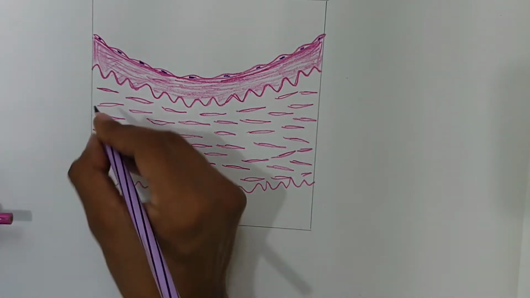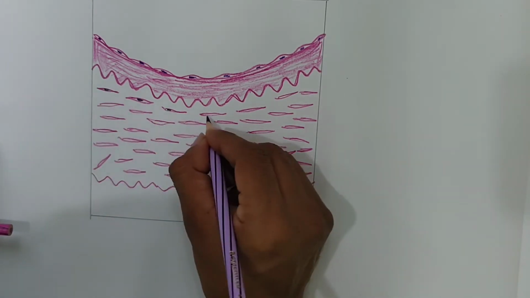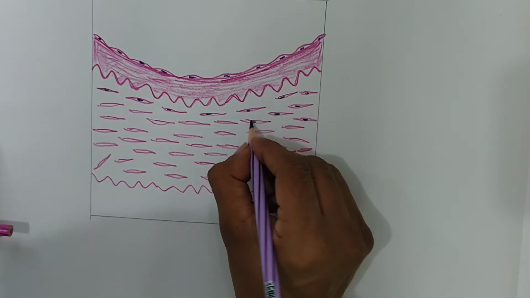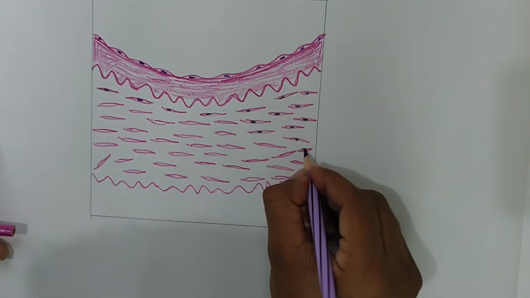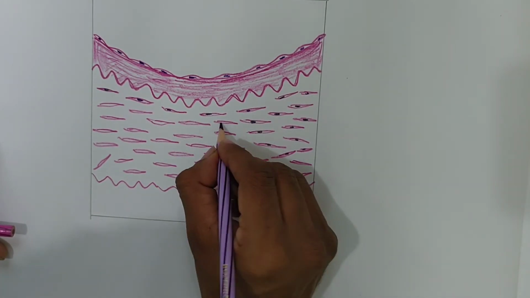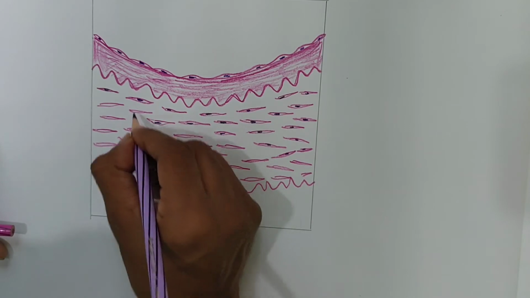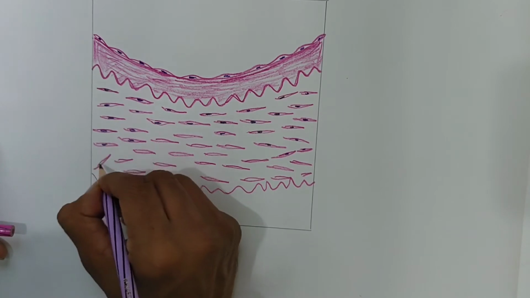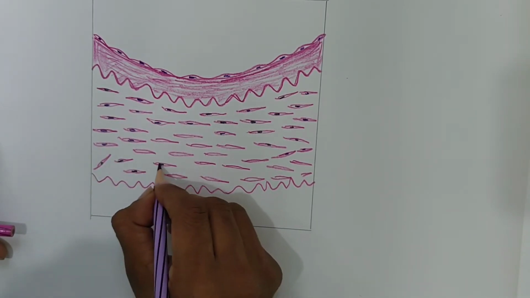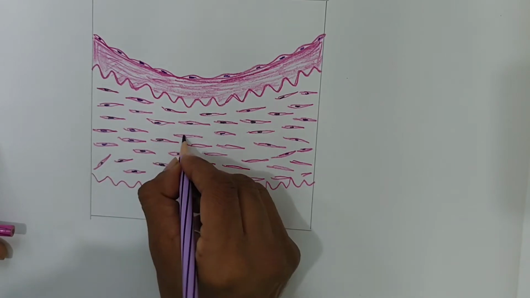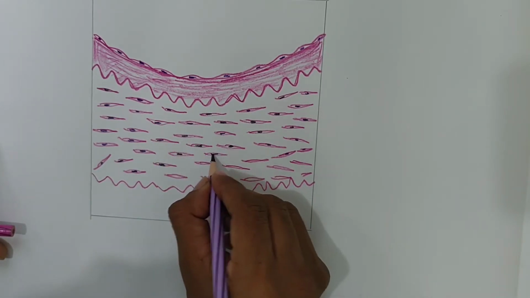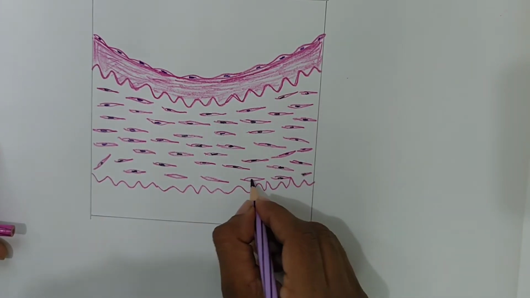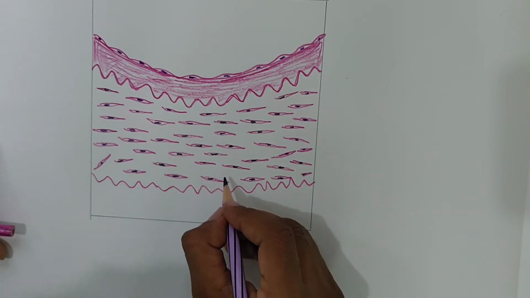And here are the nuclei of these smooth muscle cells.